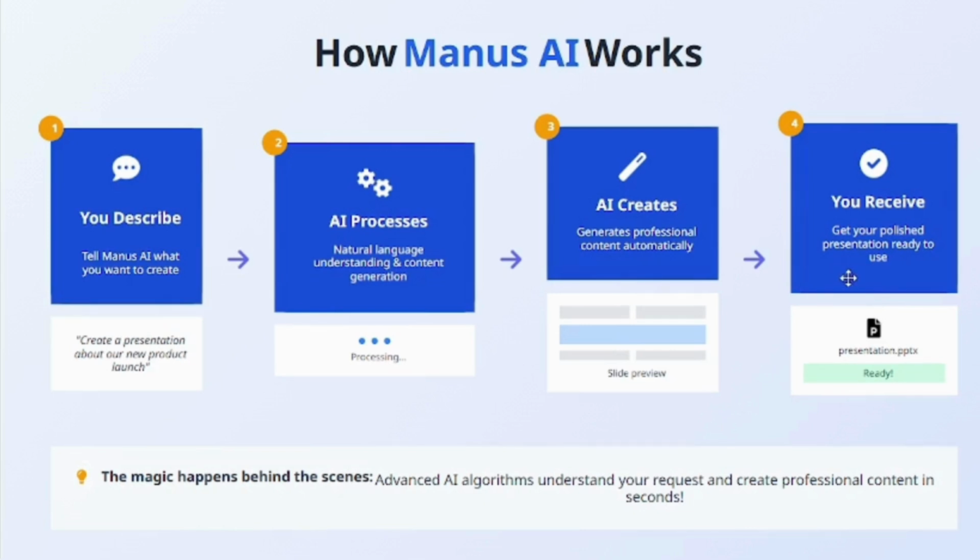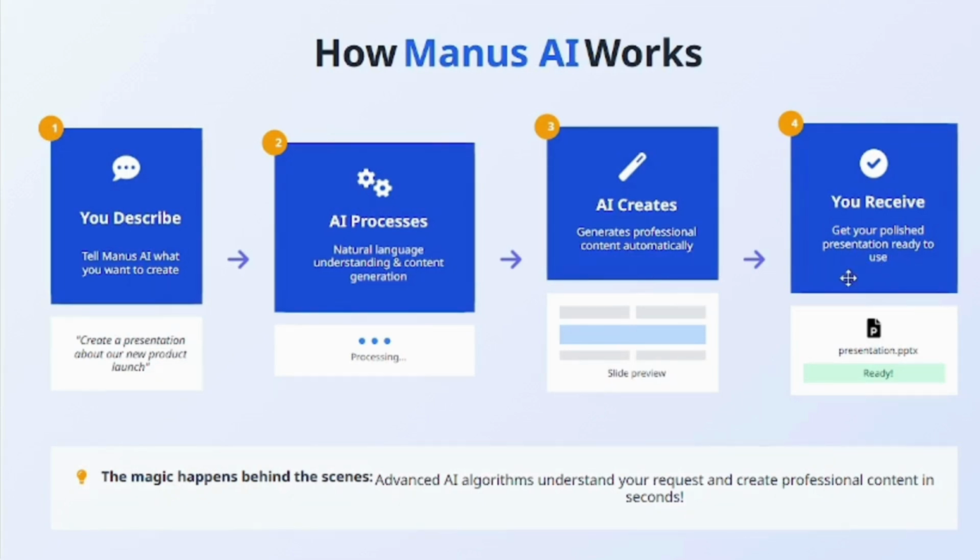It analyzes your keywords, identifies the context and the intent, and begins to gather and structure the necessary information. It's essentially thinking about the best way to fulfill your request, considering design principles, content flow, and visual appeal.